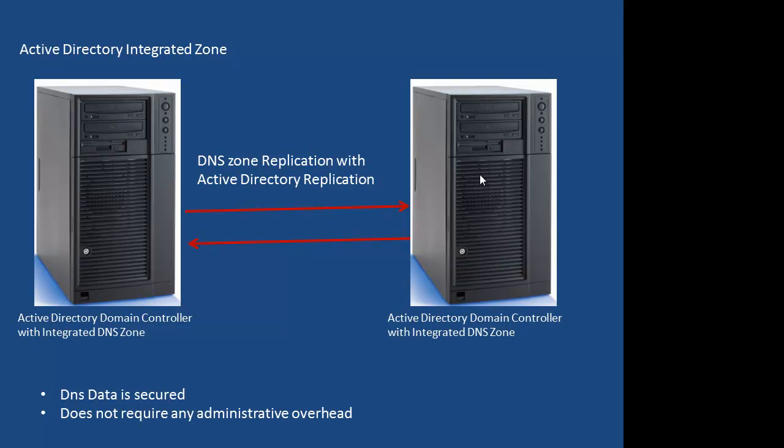And what the administrator then would have to do is to manually set up replication so that the DNS information or data can replicate to what we call a secondary DNS server. But you don't have to do that if your zone is Active Directory integrated, because the DNS data will replicate along with the Active Directory data.